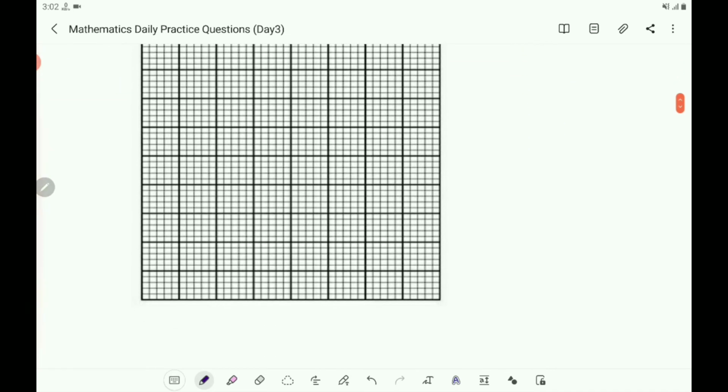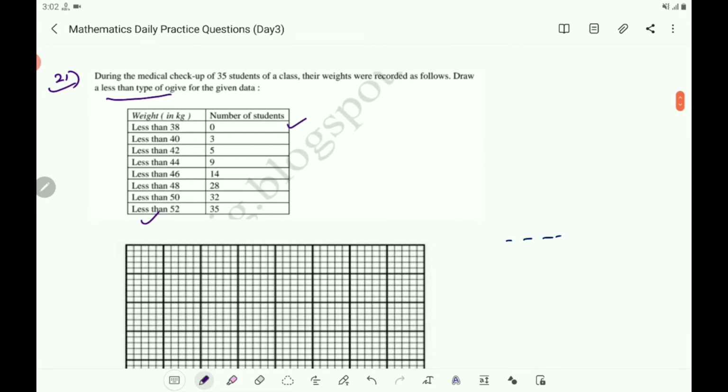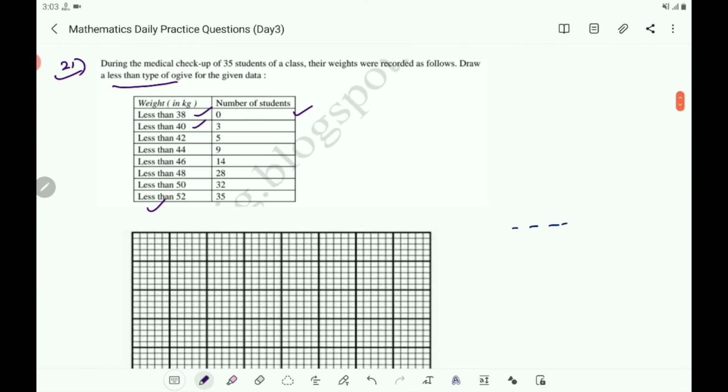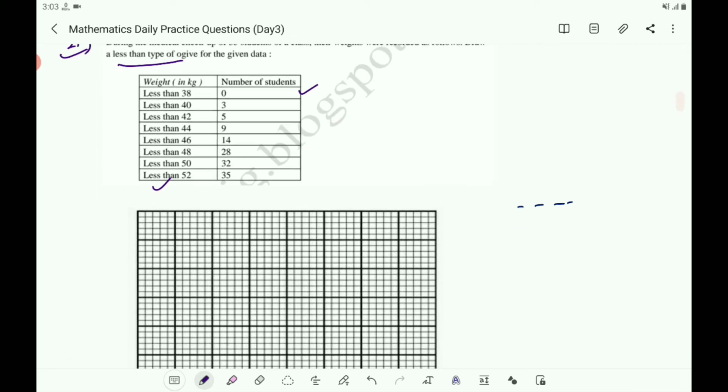So let us take here the origin, and the first one is 38, and next 40, 42, 44, 46, 48, 50, 52, like this way. Here you know that the difference is 2. So on the x-axis, let us take the scale 1 centimeter equals 2 kgs.